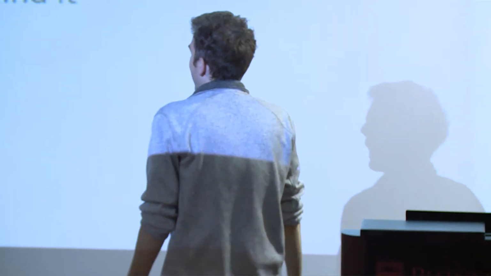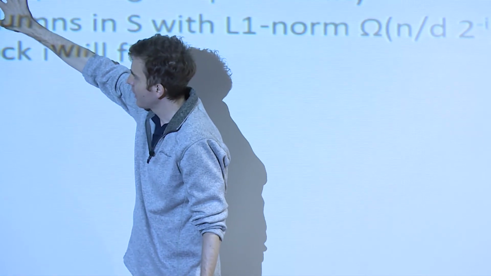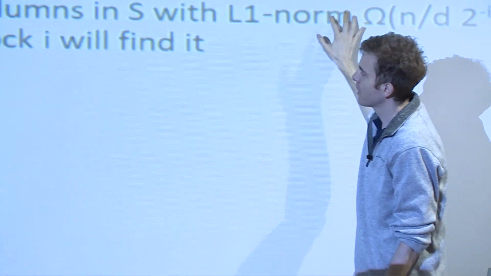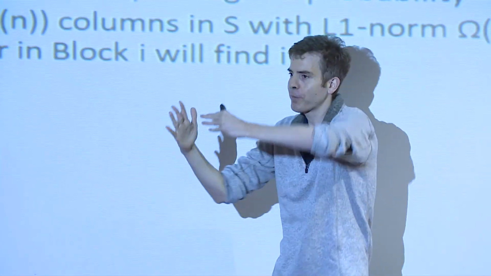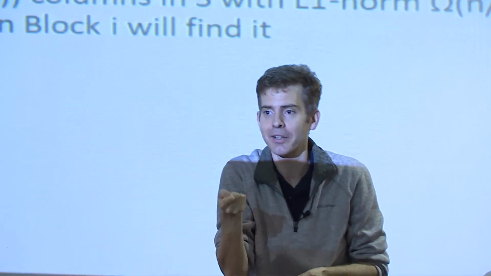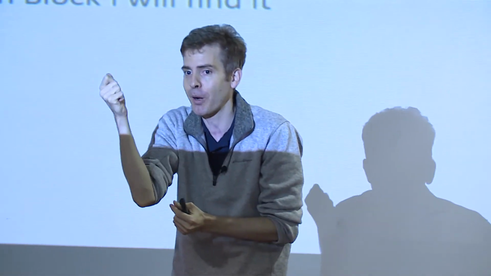So I have n over d over 2 to the I non-zeros, and I suppose I had 2 to the I columns with a certain 1 norm. Then with probability about 1 over d, I would touch that column with my non-zero entry. But I have d over log n over d columns in the ith block. So if I have 1 over d probability of touching it for 1 column, then I have about constant probability for touching it if I have d columns. Each one has probability about 1 over d, and I'm sampling d times.